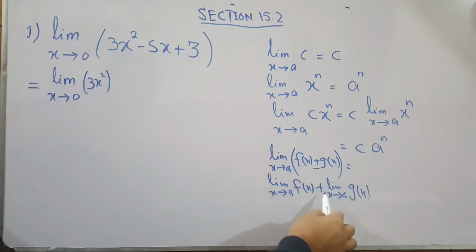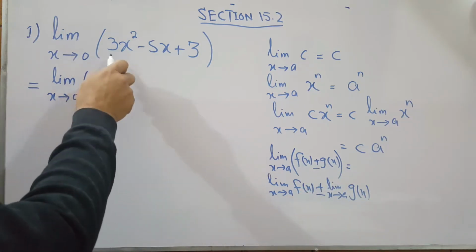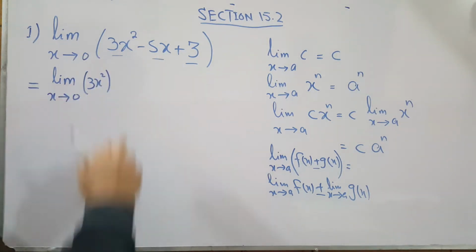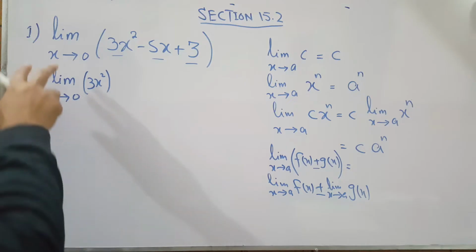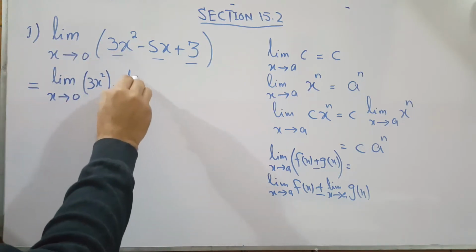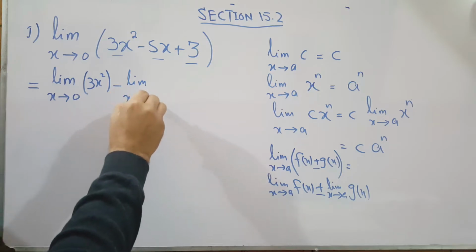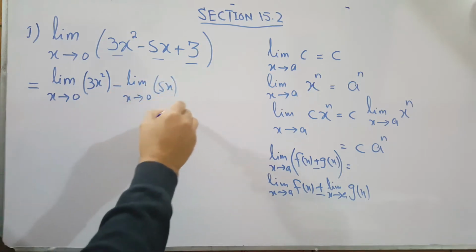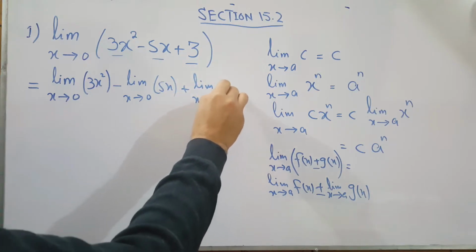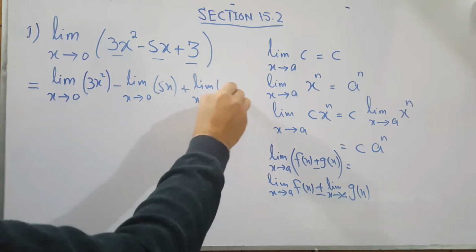So if there is subtraction, you will just put subtraction over there. So here you have three different functions, with plus and minus between them. So I can apply the limit to this one, then minus, apply the limit to the second one, and plus apply the limit to the third one.